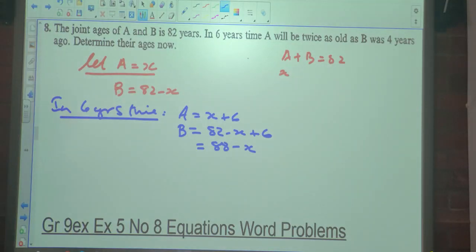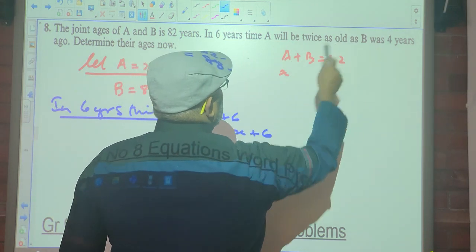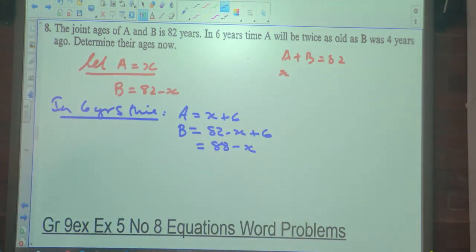Okay. In 6 years' time, A will be twice as old as B was 4 years ago. Let's unravel this part here. A will be twice as old as B was 4 years ago.